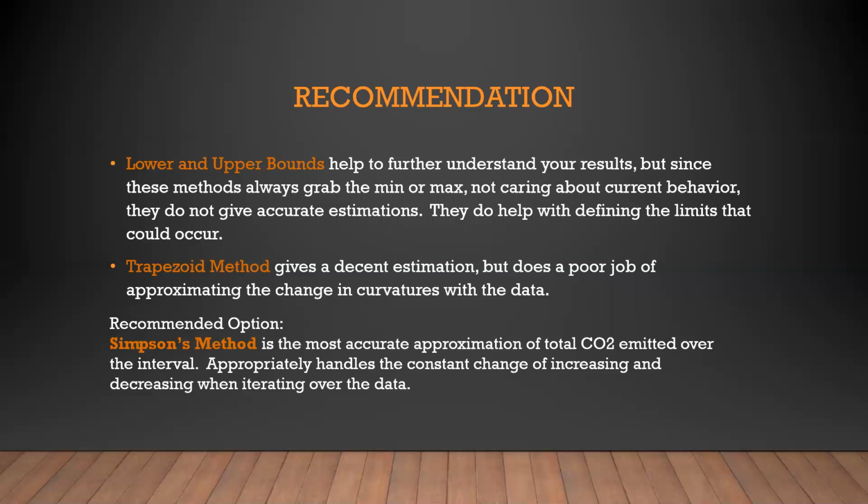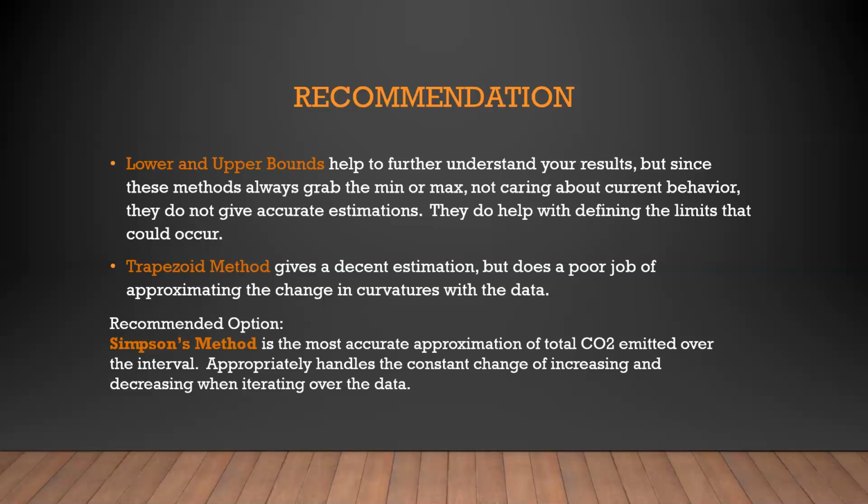Whereas lower and upper bounds give you a good estimation of where the limits could be in the data, they don't do a great job of handling behavior within the data and giving you an accurate estimation.